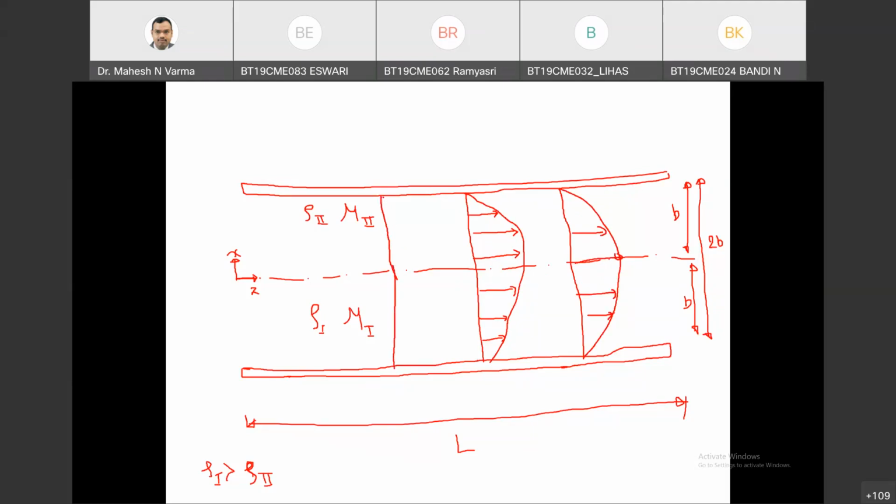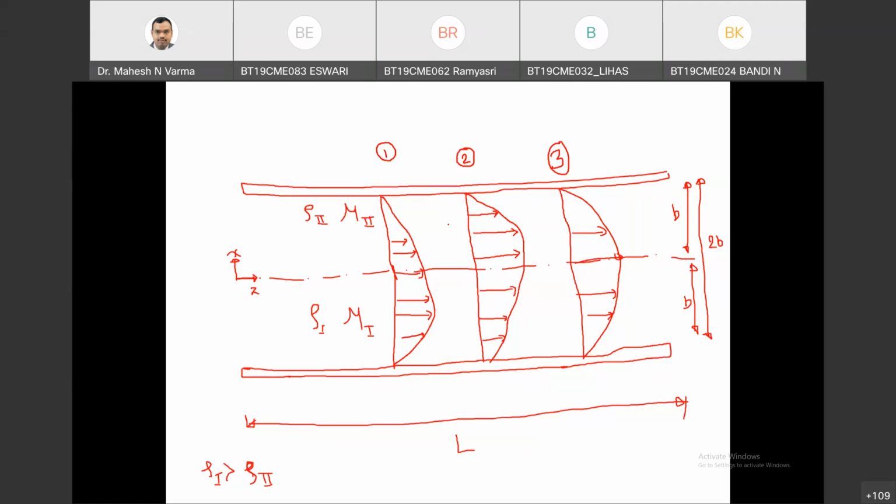So I will get maximum velocity somewhere in this case. So this is say the first velocity profile, this is the second velocity profile, and this is the third velocity profile. So you are saying only the second velocity profile is possible.